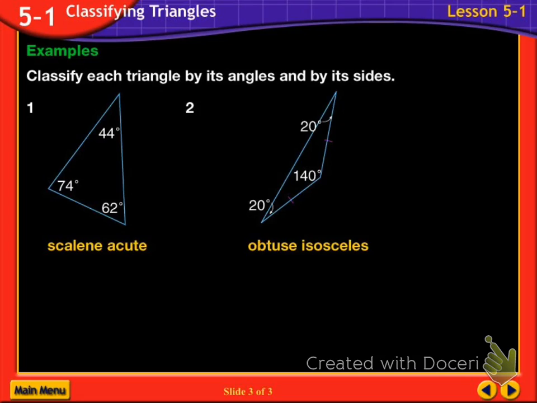And here's the clue that it's isosceles: the angles opposite of equal sides are equal to each other. So since we have 20 and 20, that indicates that this side is equal to this side. So that's one clue, because those two opposite angles are 20 degrees.